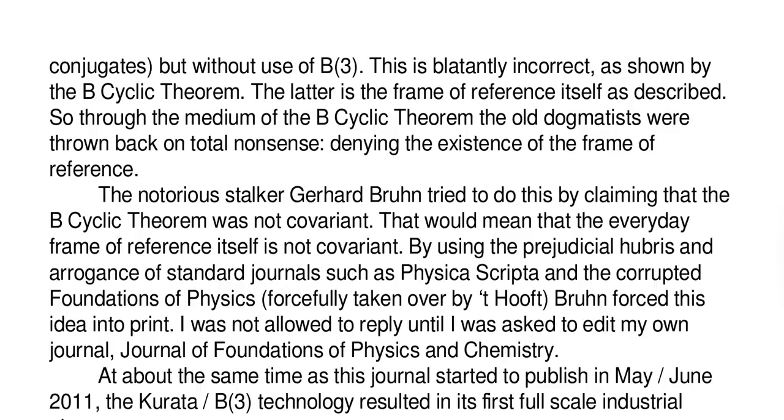The notorious stalker Gerard Brun tried to do this by claiming that the B-cyclic theorem was not covariant. This would mean that the everyday frame of reference itself is not covariant. By using the prejudicial hubris and arrogance of standard journals, such as Physica Scripta and the corrupted Foundations of Physics, forcefully taken over by 't Hooft, Brun forced this idea into print.